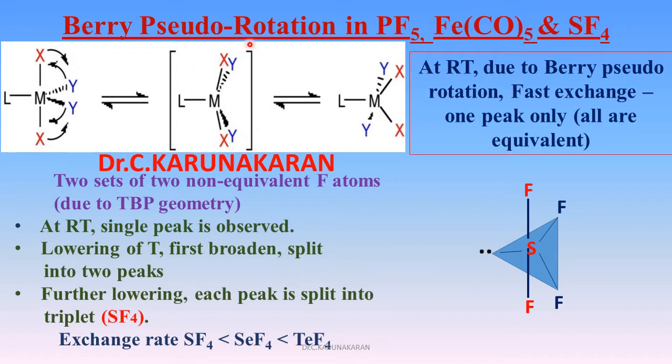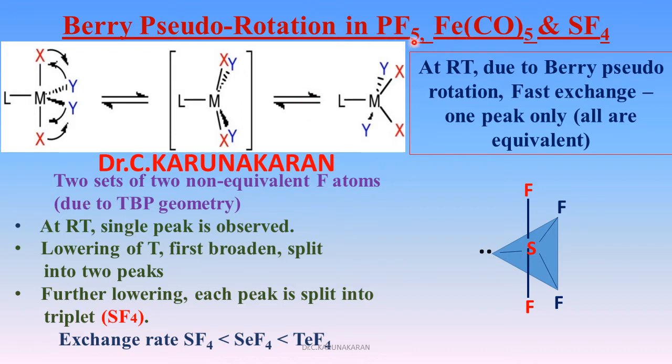They undergo Berry pseudo rotation, that is, it occurs via a square pyramidal geometry. Due to this rotation, axial positions become equatorial and equatorial become axial, as you see here. The energy difference between the trigonal bipyramidal and square pyramidal geometries is very small. Therefore, they undergo Berry pseudo rotation to give a fluxional character.